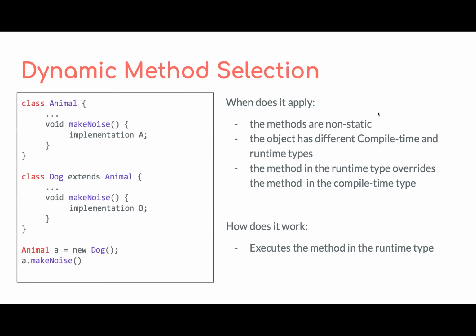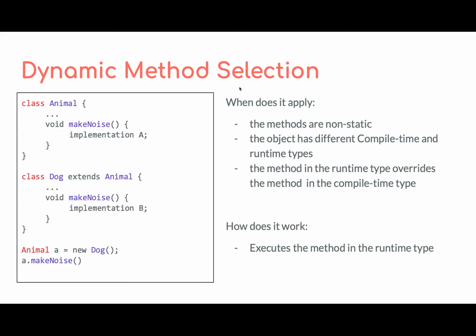And then we have to discuss a relatively special situation called dynamic method selection. This would only occur when the methods are non-static, so when there is not a static modifier on the method signature. The second condition is that the object must have different compile time and runtime types.